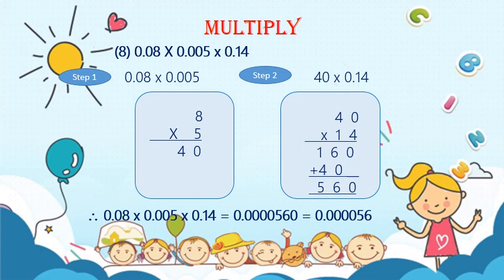So children, the value of the trailing 0 is nothing, so we can write 0.000056. This is our final product.